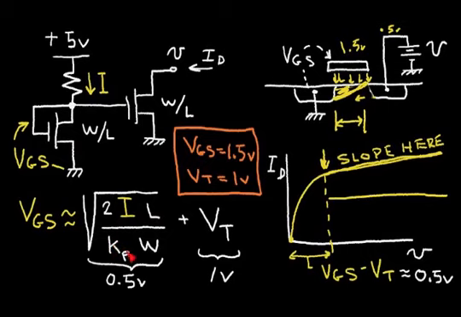And Kp is the constant that's determined by the fabrication of this transistor. So the foundry or the fabrication facility can tell us the value for Kp. So knowing Kp, knowing the width of the transistor, the length of the transistor, the current flowing in this resistor, and my threshold voltage, I can calculate the gate to source voltage.